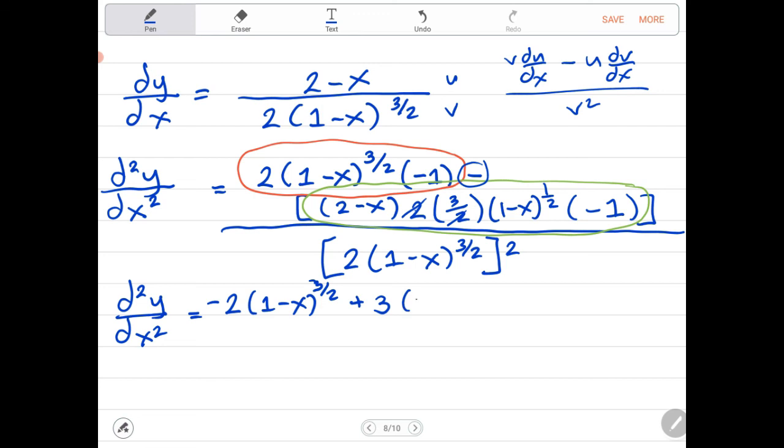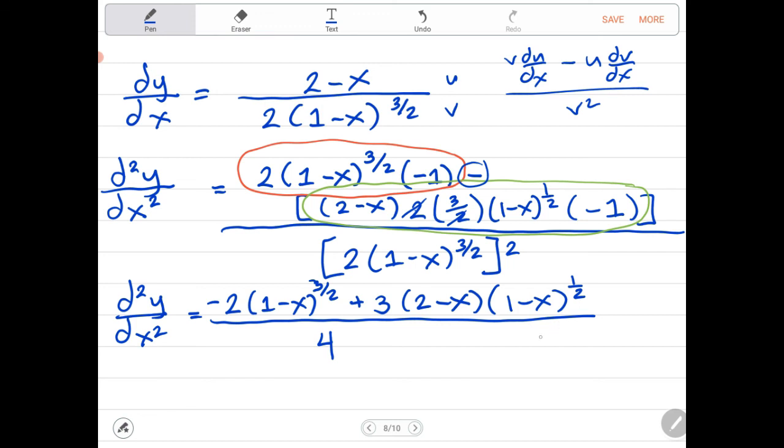Then 2 minus x, then the last term, 1 minus x raised to 1 half, all over the denominator. So squared, this is 4, 2 squared is 4, then multiply by 3 over 2 times 2, that is 3 over 2 times 2, that is 6 over 2 or 3. So we have 1 minus x cubed.